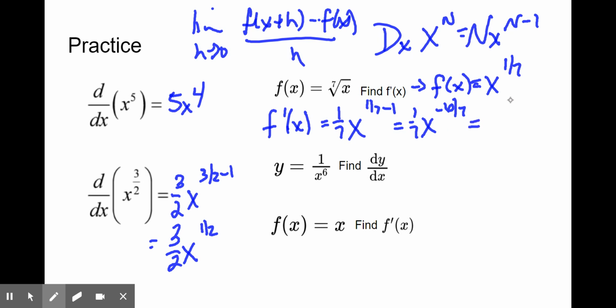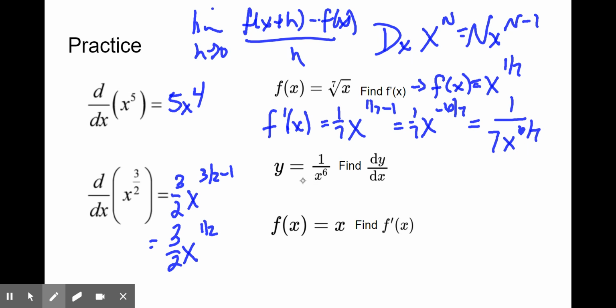And you can bring x to the negative 6/7 down to the bottom because it's a negative exponent, and you'll have 1 over 7 x to the 6/7 power. And there's your answer. You don't have to go back to the radical notation that you started with. You can leave it in fractional notation if you want, rational notation.